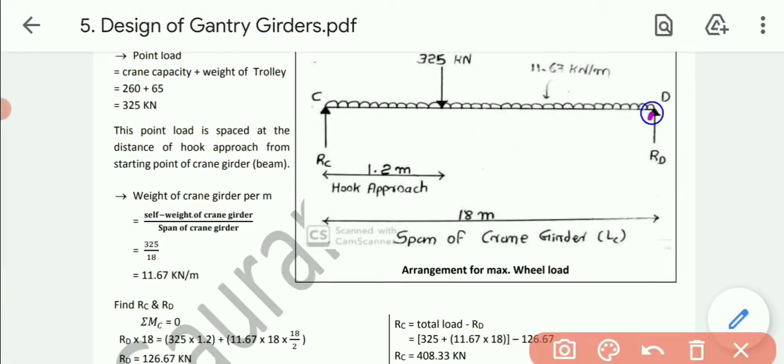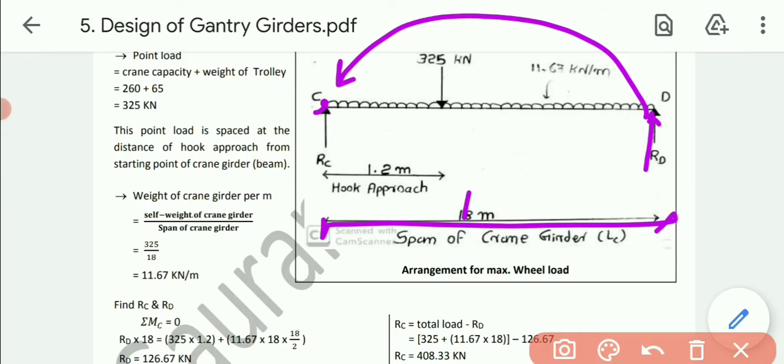Okay, first of all, if you are going to take moment at C, RD into 18, moment will be anti-clockwise, so RD into 18.